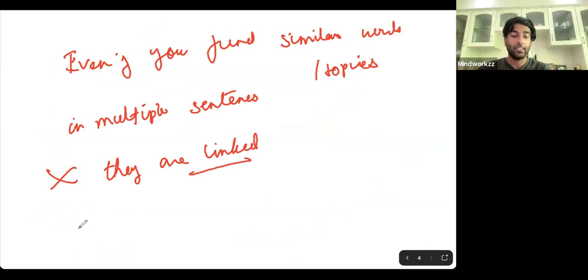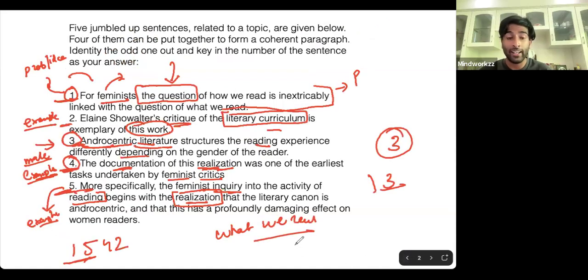Second thing is, try to link ideas. This is very important. What did I do when I was explaining this to you? All I did was link the idea of feminism, question, criticism.